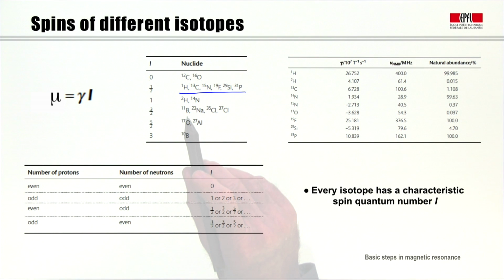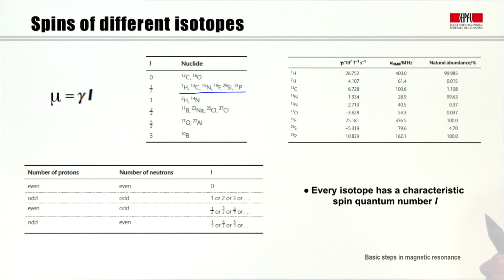Typical examples are boron-11, sodium-23, chlorine-35 and 37. By the way, sodium can be used in MRI as well. And then some have a spin 5/2, such as oxygen-17 and aluminum-27, which is actually very interesting to observe in aluminosilicates. And finally, some have a spin 3, and there are some exotic examples that go beyond.